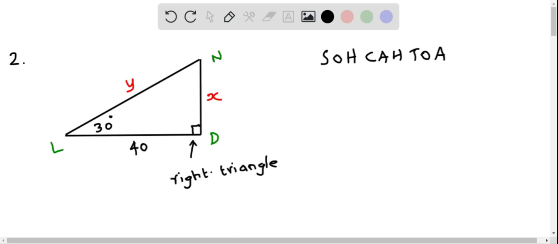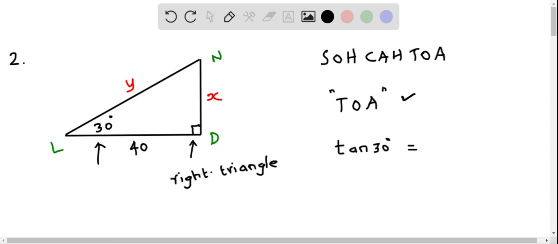So first, I'm going to use this tangent ratio using the TOA from SOHCAHTOA. That is, I see that this angle is 30 degrees. So I'm going to find the tangent of 30 degrees. And this equals, according to SOHCAHTOA, opposite side over adjacent side.